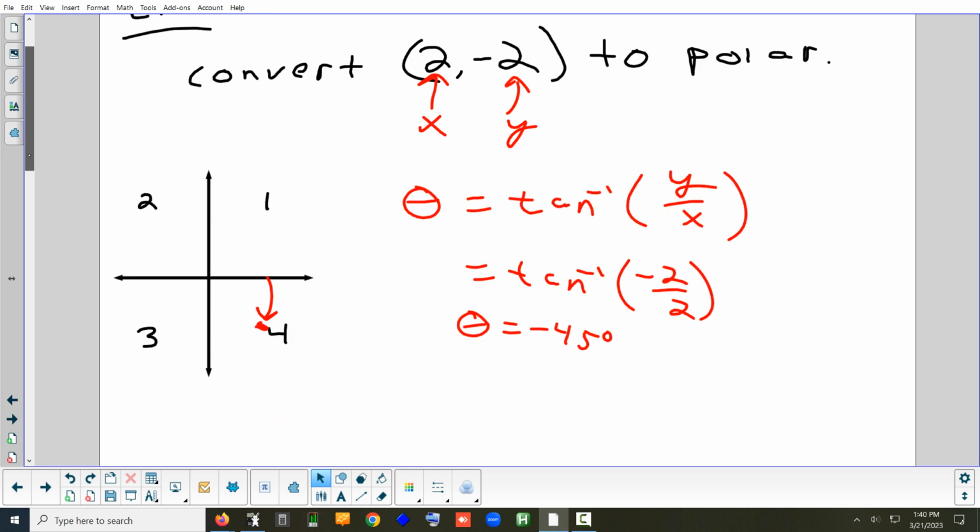Now yesterday we went over up to 4 different ways you can write a point in polar. I'm not going to go through all 4. But what if they did ask you, instead of going clockwise, they wanted it the other way, counterclockwise? What's -45 the same as? Instead of going this way, going the other way.